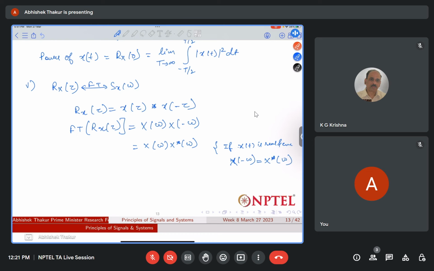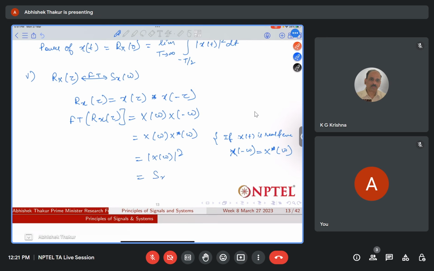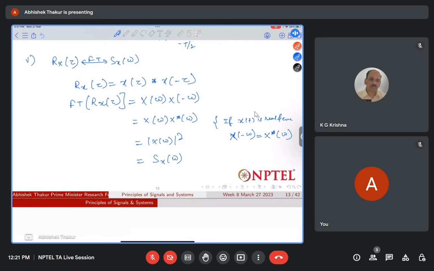So now this will become |X(omega)|^2, that is the magnitude, and that is the power spectral density Sx(omega). So the Fourier transform of Rx(tau) becomes Sx(omega). These are the properties of the autocorrelation function. This is mainly taught in communication also.